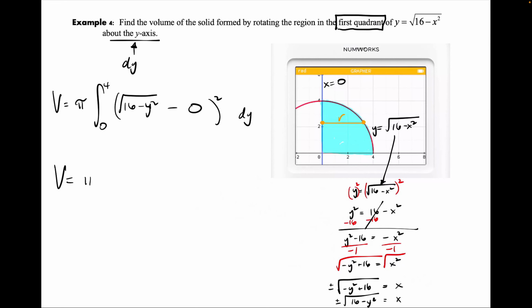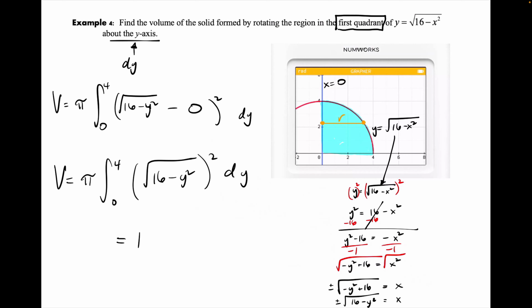So you have volume equals pi, integral from 0 to 4, of 16 minus y squared, which is just 16 minus y squared. You put that in your calculator, and you get 134.014.